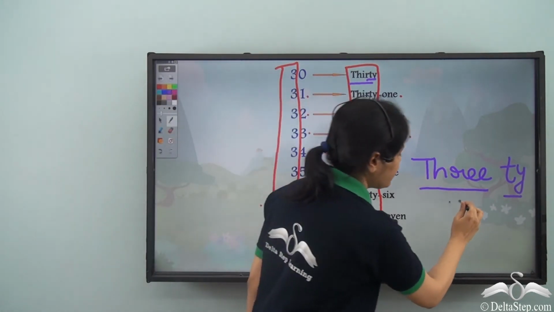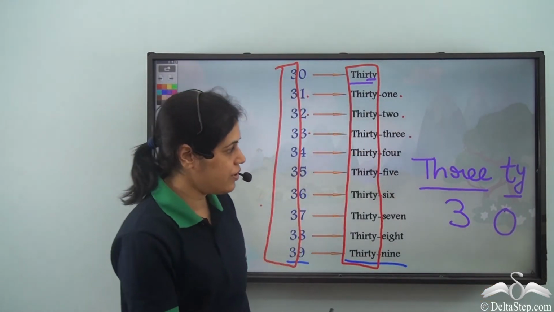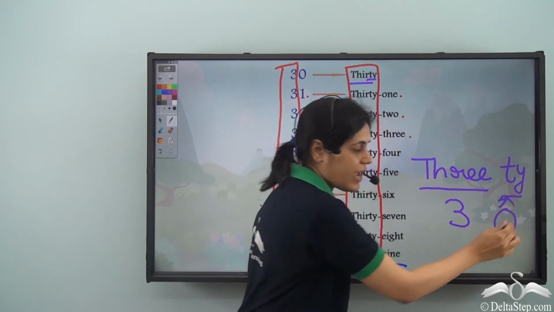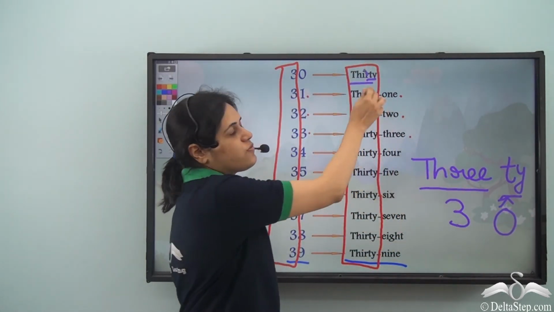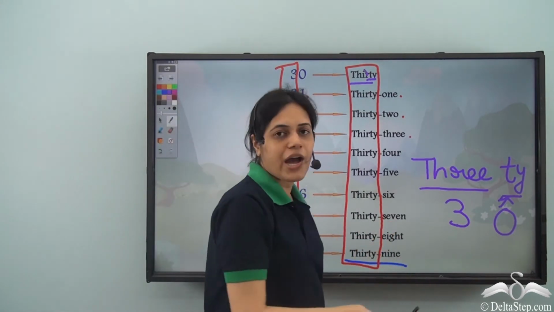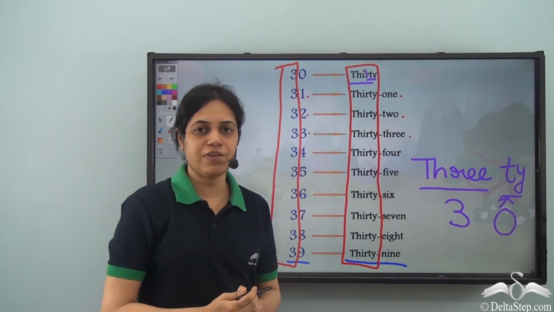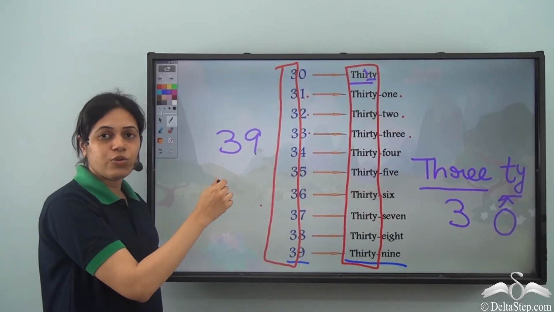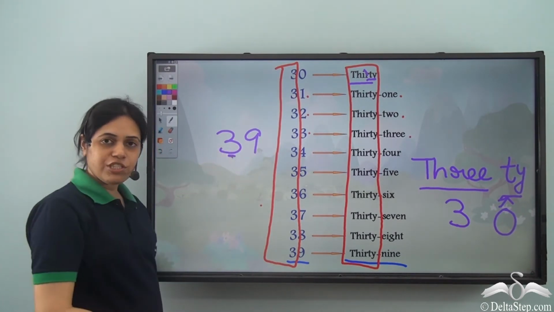So when we have 3 and 0 coming together to make a number, we write TY, and this 3 we have changed its form to make it THIR. So 30 is THIRTY. We know that when we have 9 here, this number has to change.